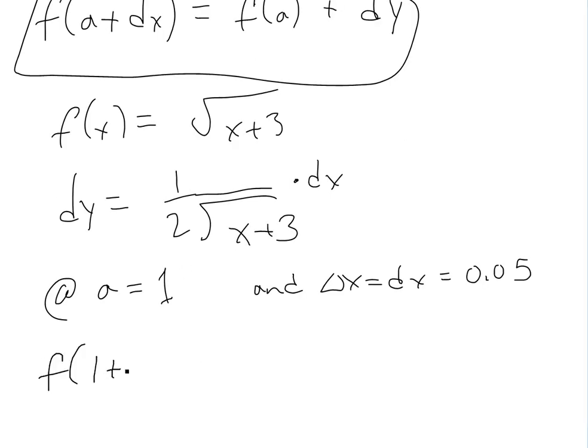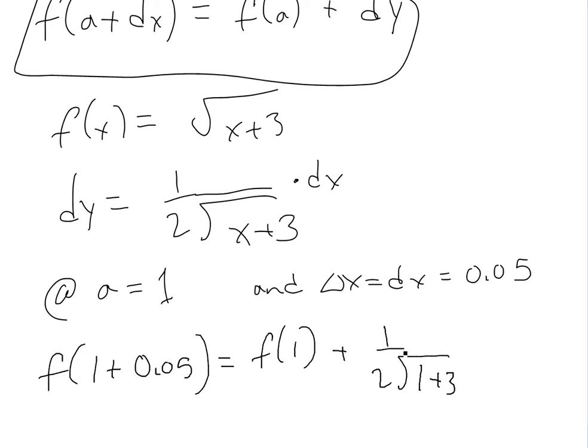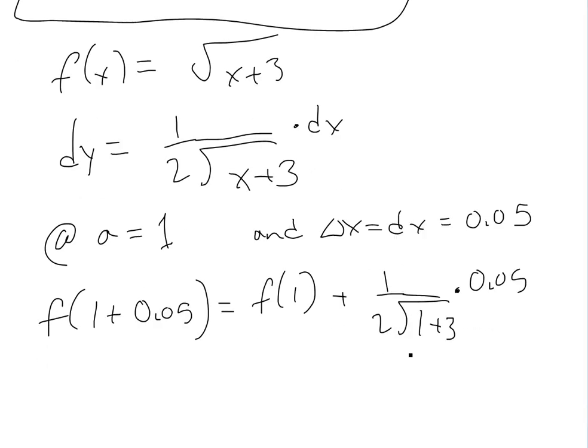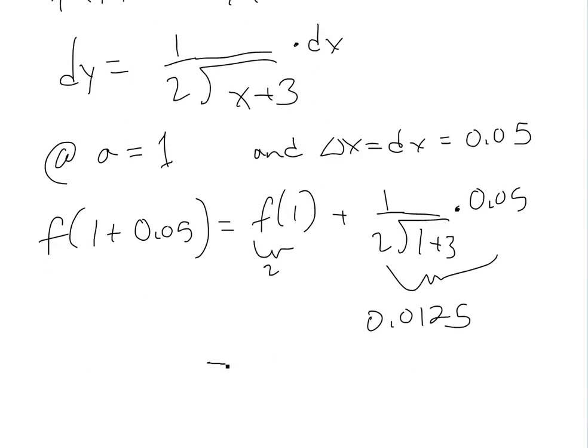So f of 1 plus 0.05 would just equal f of 1 plus 1 over 2 square root of 1 plus 3 times dx, which is 0.05. This value, if you put it in a calculator, is 0.0125. And f of 1, if you put 1 in here, is just square root of 4, that's just 2. And then we get 2.0125.